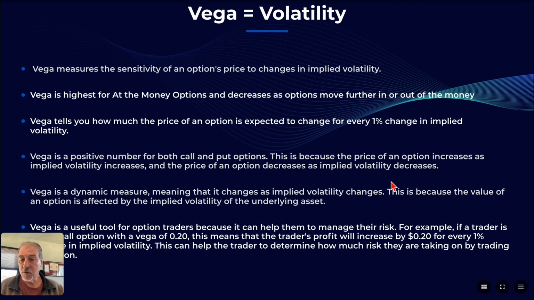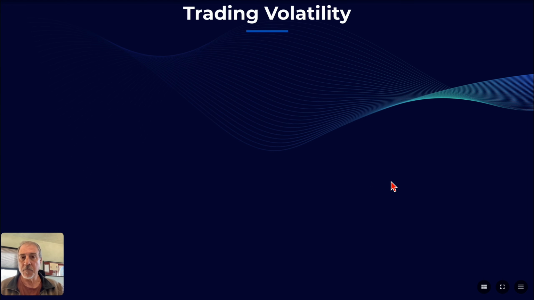Vega is a useful tool for options traders because it can help them to manage their risk. By example, if a trader is long a call option with a Vega of 0.20, this means that the trader's profit will increase by 20 cents for every 1% increase in implied volatility. This will help a trader determine essentially how much risk they have on when they look at their position Vega.